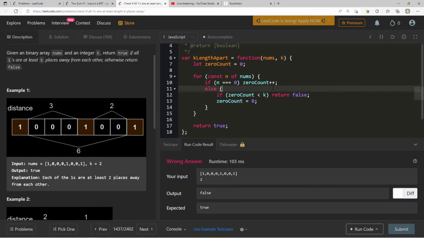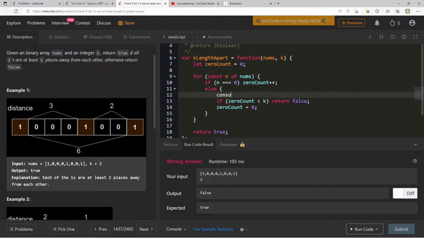There's got to be something. It's almost, else if zeroCount is less than k, return false. Each of the ones are at least 2 places away from each other. So if it's ever less than k, we return false. Let's do something here.